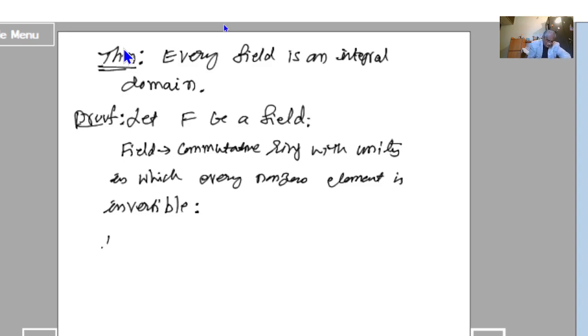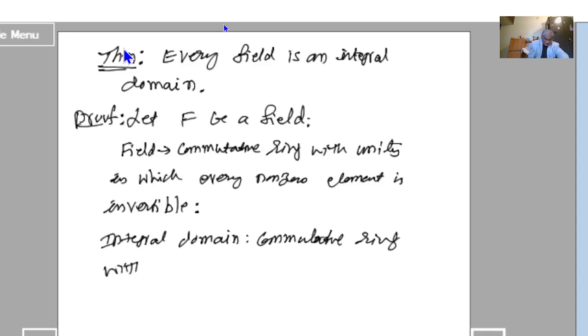What is an integral domain? Integral domain is a commutative ring with unity without zero divisors. This is the integral domain. So I have taken F to be a field.